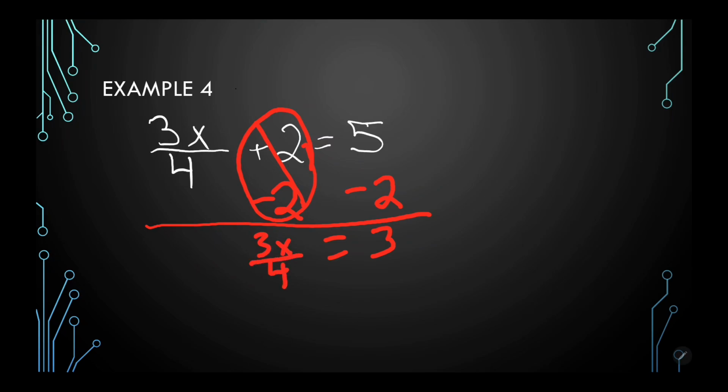So 3 is equal to 3x divided by 4. Now, what we're going to do to get rid of our fraction is we're going to go ahead and multiply both sides by the reciprocal. So we're going to multiply by 4/3.